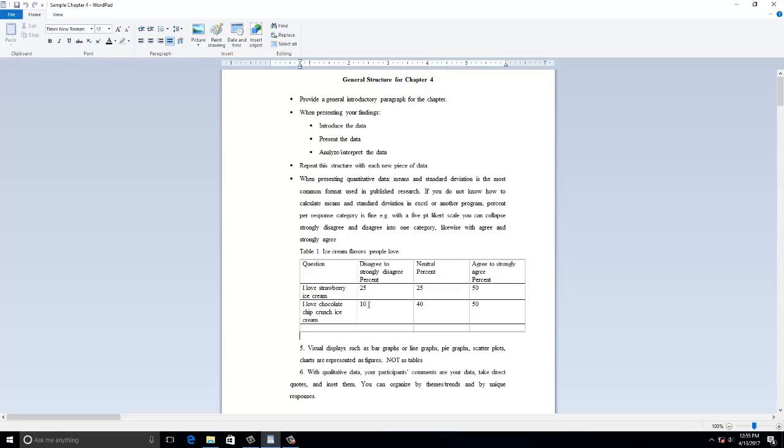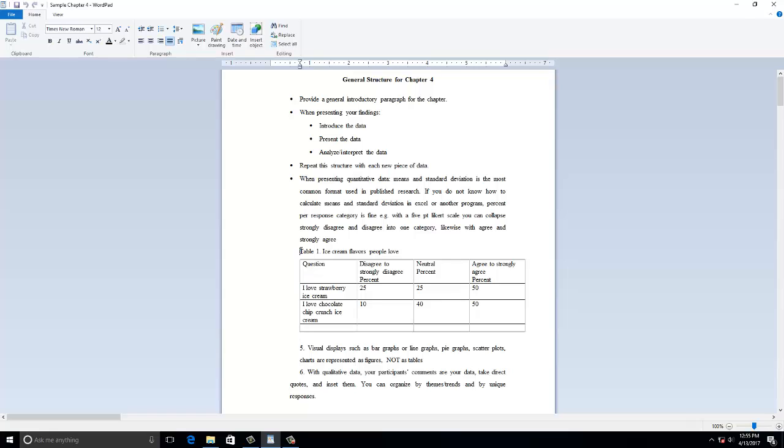I didn't realize how hard that was going to be to say when I wrote that sentence. 40% of my respondents are neutral. They neither disagree or agree with the statement, while 50% of my participants agree to strongly agree with the statement, I love chocolate chip crunch ice cream. So this is a sample table using percent per response category.